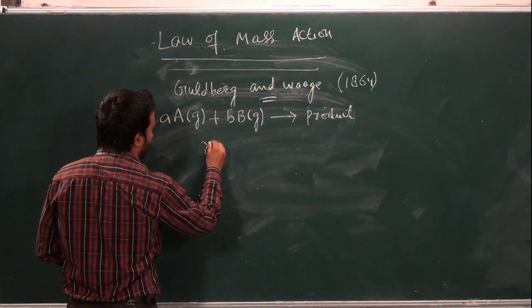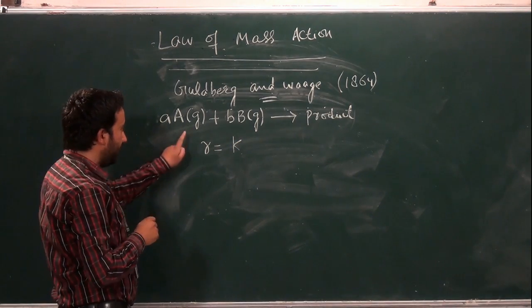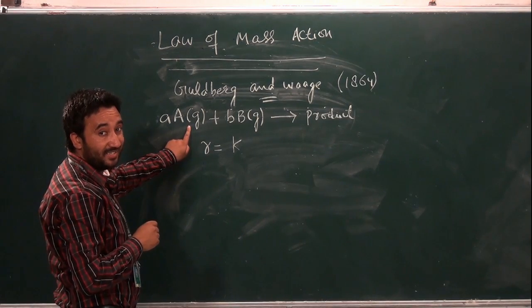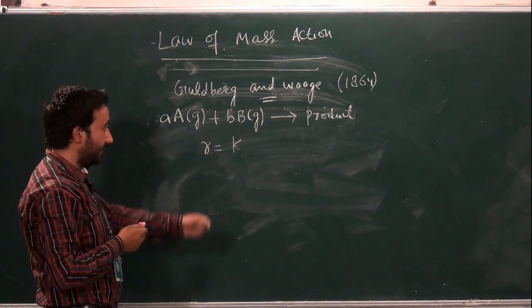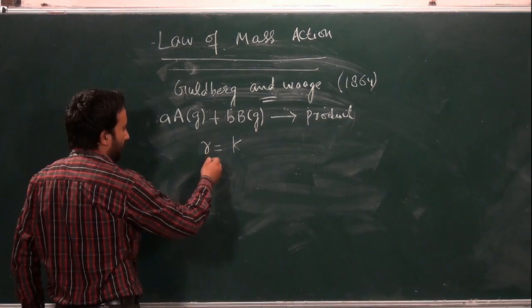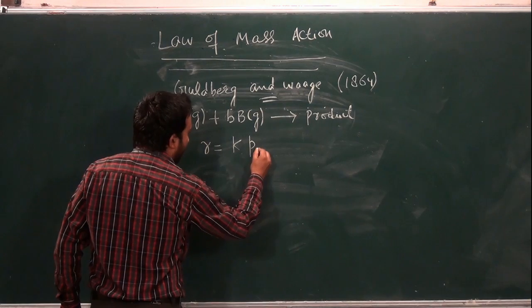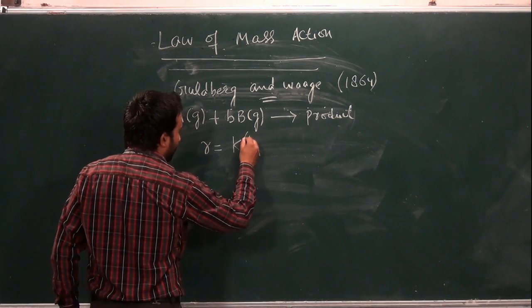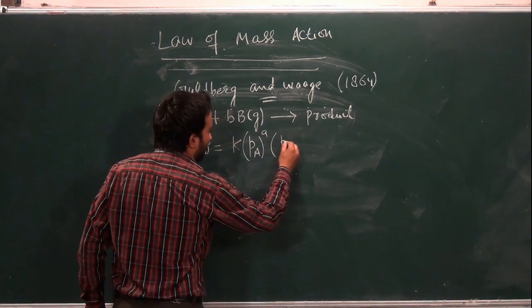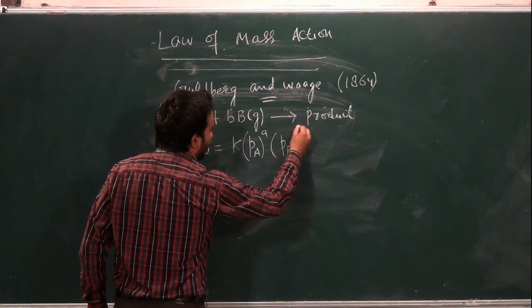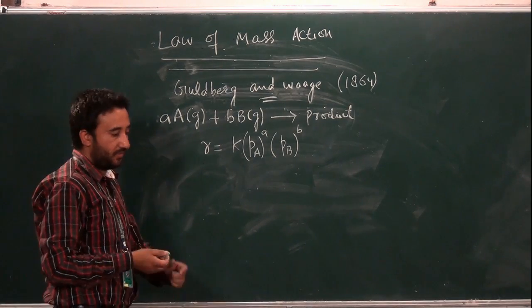The rate of reaction is equal to K. Here we have to take the partial pressure into consideration, because we have gases, and we have different gases, so we have to take the partial pressure of each gas. So K times the partial pressure of gas A raised to power a, times the partial pressure of gas B raised to power b. This is the law of mass action for gaseous reactions.